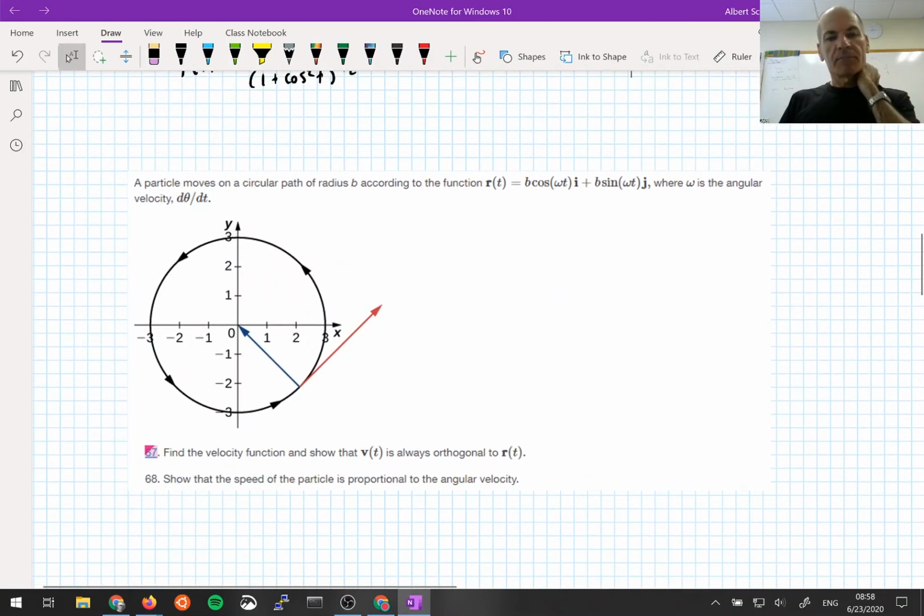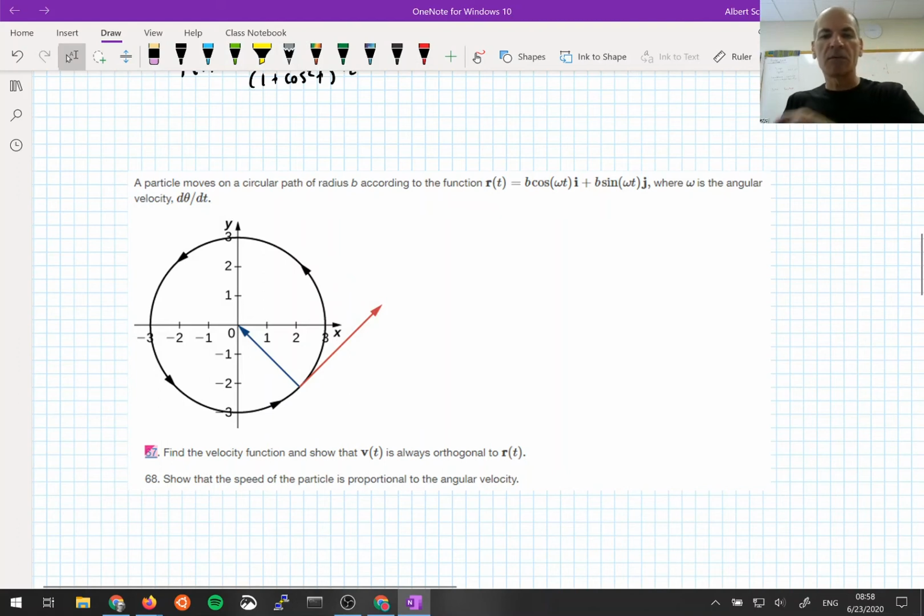All right. In exercise 67, we have a particle moving along a circular path, and it's a very general circular path. It has these two fixed constants, b and omega. Now, if you think a little bit about this, b controls the size of the circular trajectory. So in the image here, we can see that the radius is 3.